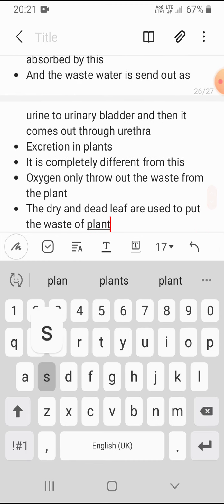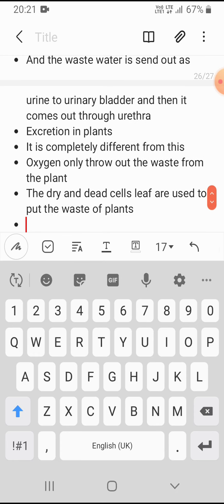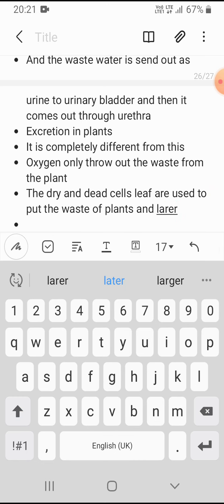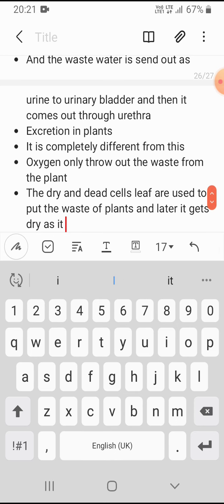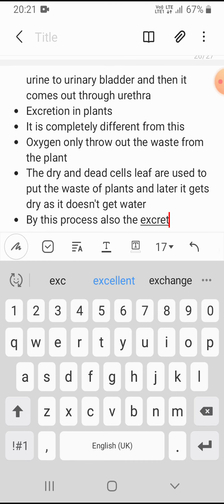You may have seen some leaves falling. That is because they are dry and they have dead cells that are used to put the waste of plants, and later they fall down. Later it gets dry as it does not get water, and by this process also the excretion in plants happens.